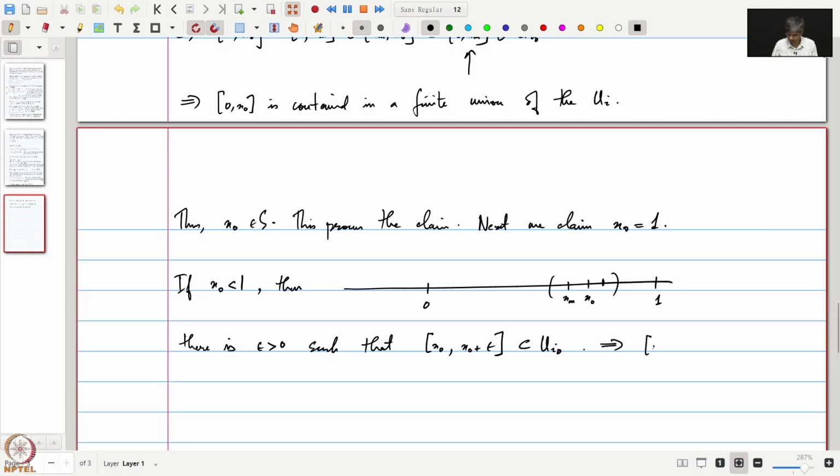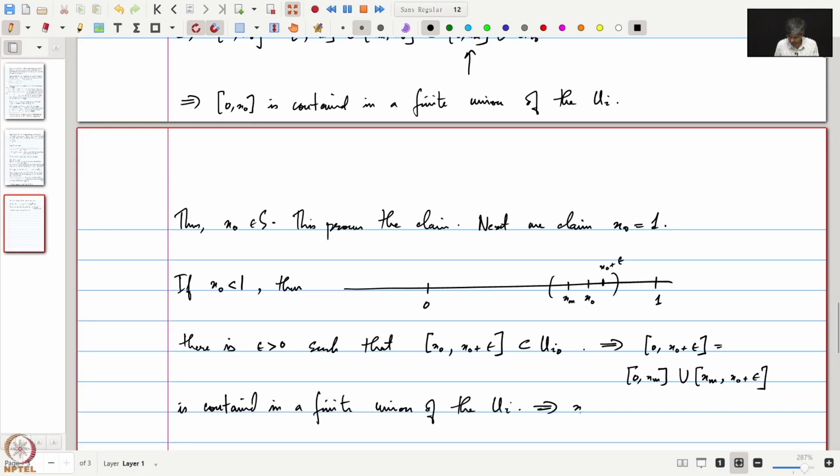This implies that [0, x_0 + epsilon], which we can write as [0, x_m] union [x_m, x_0 + epsilon], is contained in a finite union of the U_i. So x_0 + epsilon belongs to S, which contradicts the assumption that x_0 was the supremum.